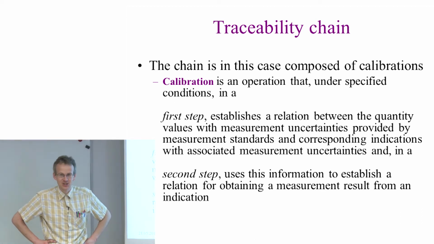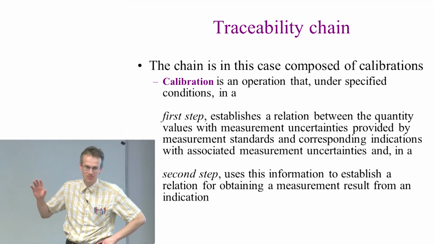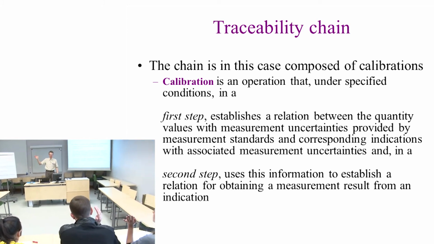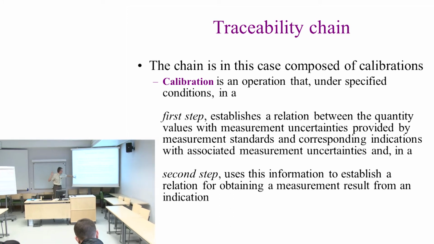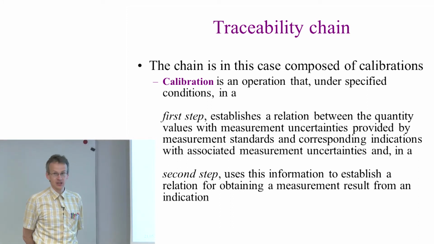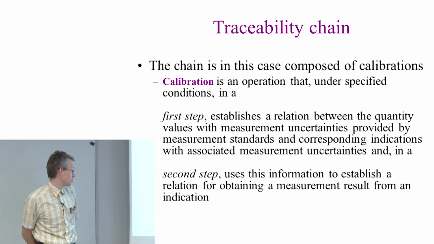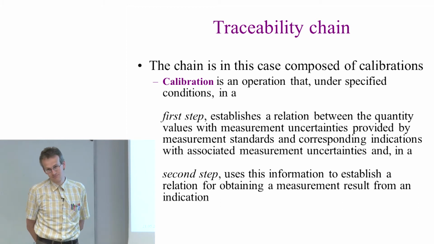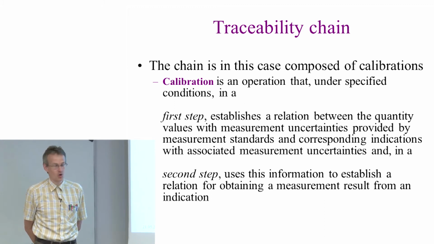Okay, please raise your hand who thinks that this first step is understandable to you in terms of a calibration graph. Good. Now the second step uses this information to establish a relation for obtaining a measurement result from an indication. How do we go now?